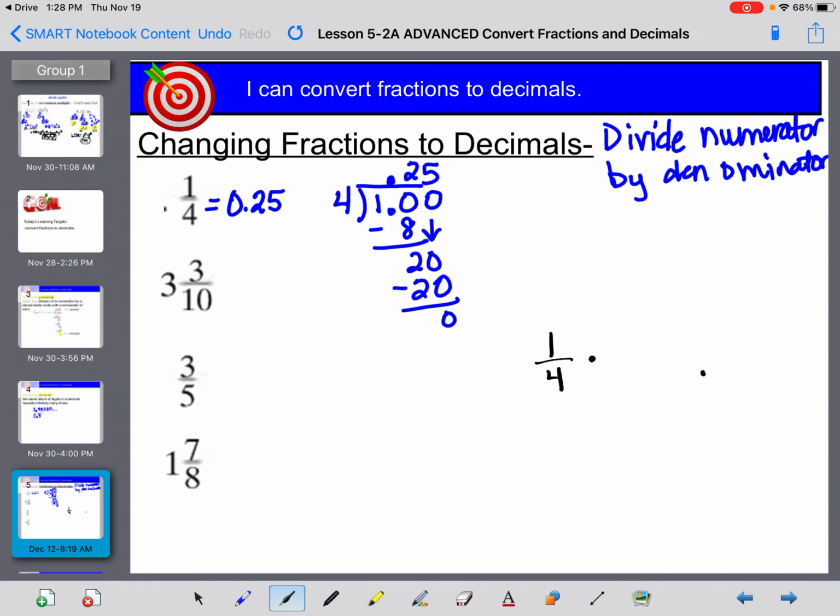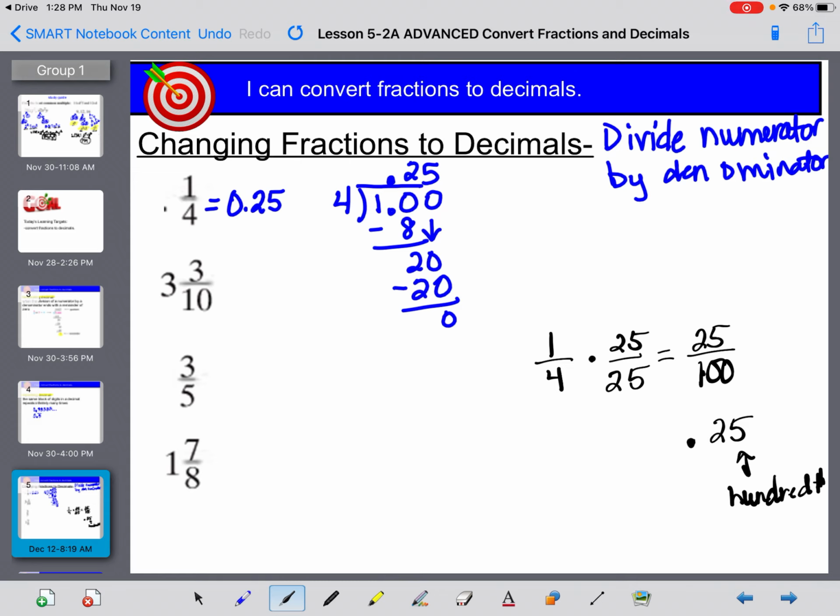I know that if I multiply this by 25 over 25, that I get 25 over 100. And 25 100ths is the same as 25 hundredths, like this, where this is in the hundredths place. This is also an excellent strategy. There's definitely more than one way to solve these.